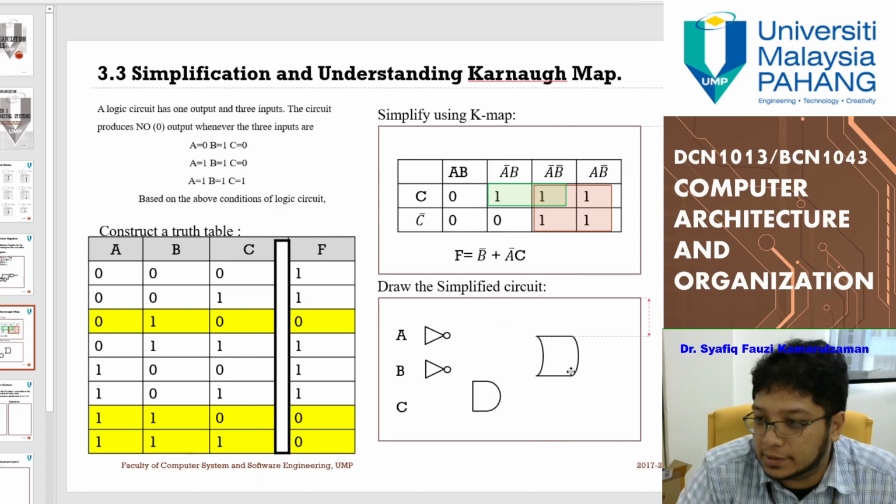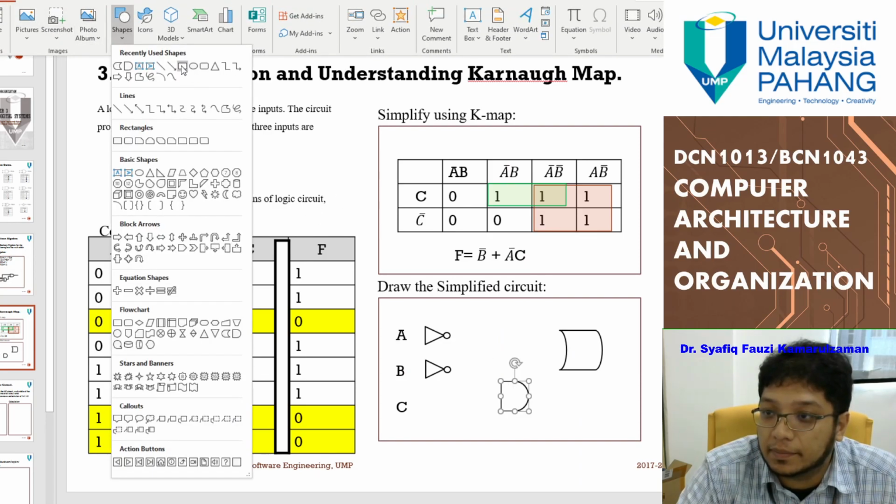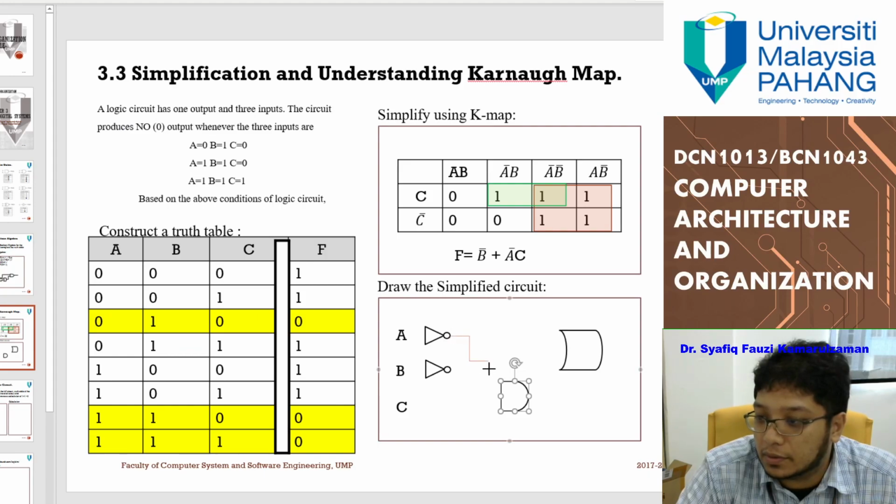So for AC, you need to add A bar C first. So here in this case, add this one, A bar.